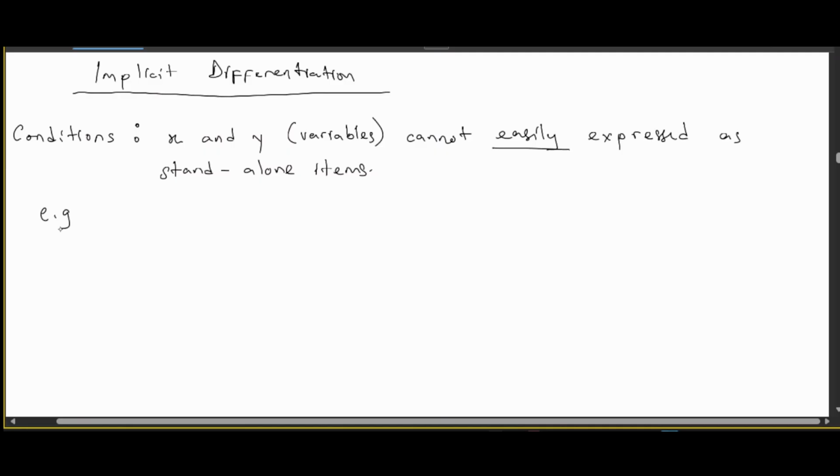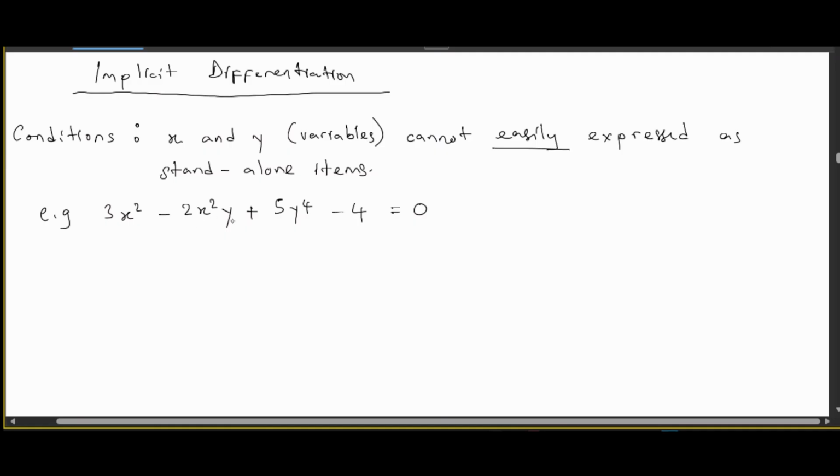For example, let us say we want to differentiate 3x squared minus 2xy plus 5y to the power 4 minus 4 is equal to 0. As you can see, at this term, we have minus 2x squared y.